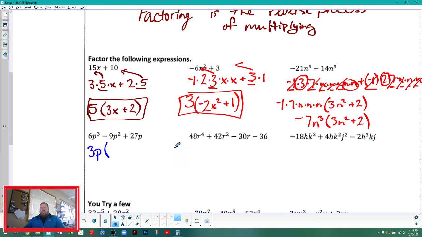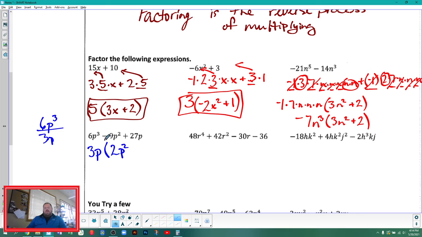And then an easier way to think about moving on from here, once you figure out what you want to take out, is you can almost think about dividing. 6p cubed divided by 3p: 6 divided by 3 is 2, p cubed divided by p is p squared.